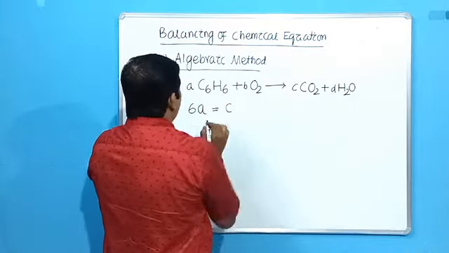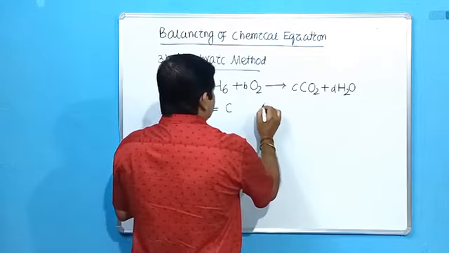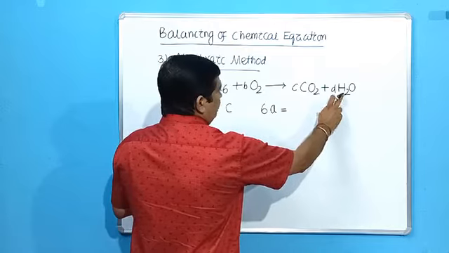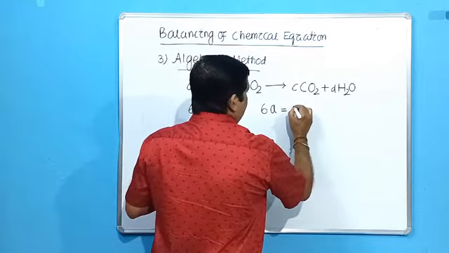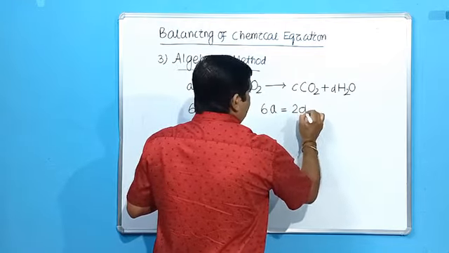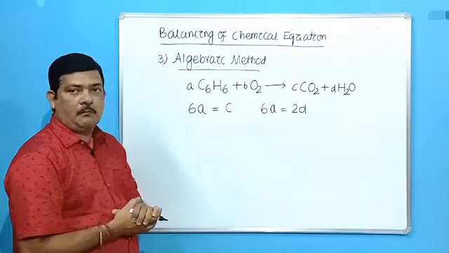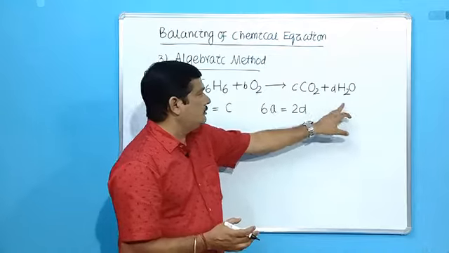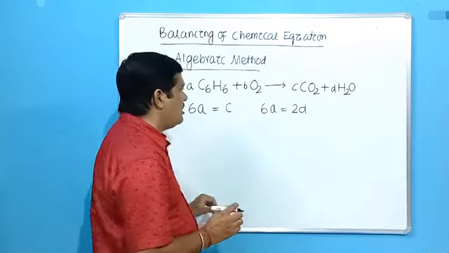Then with respect to hydrogen, 6A is equal to 2D, because they will be balanced.